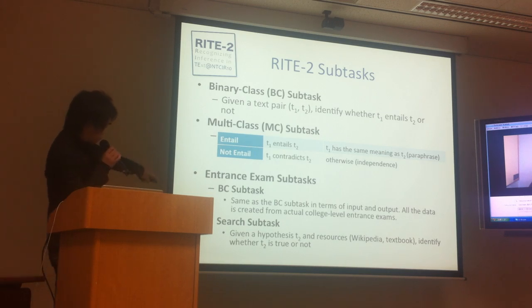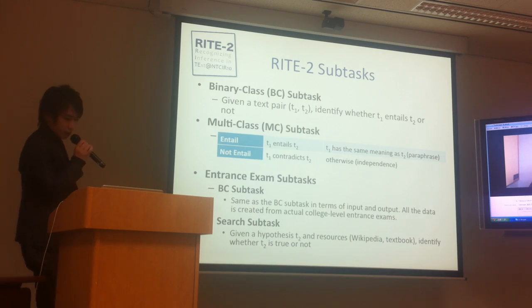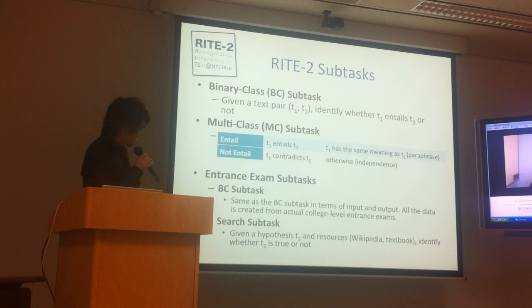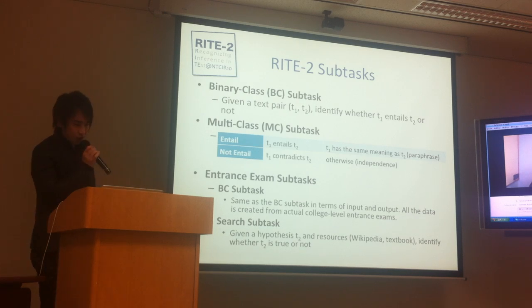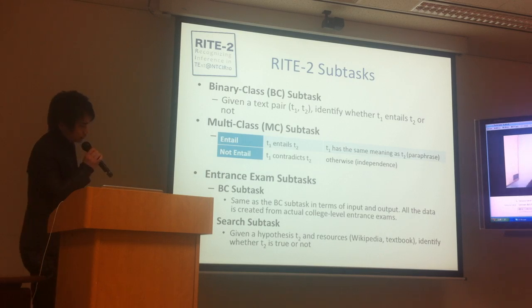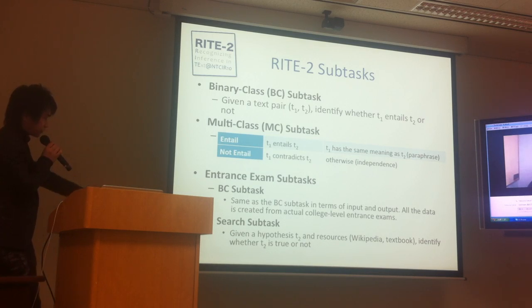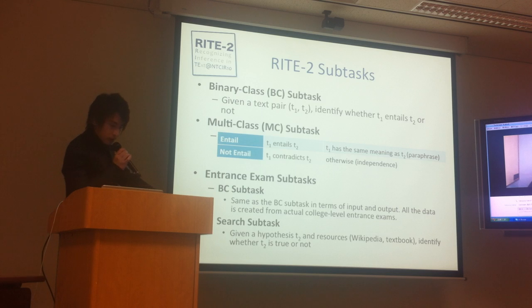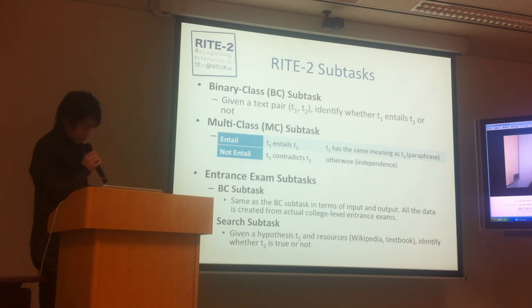The entrance exam search subtask is newly added in RITE-2. In this task, given a hypothesis T2 and a set of documents extracted from Wikipedia and textbooks, the systems are required to identify whether T2 is true or not.